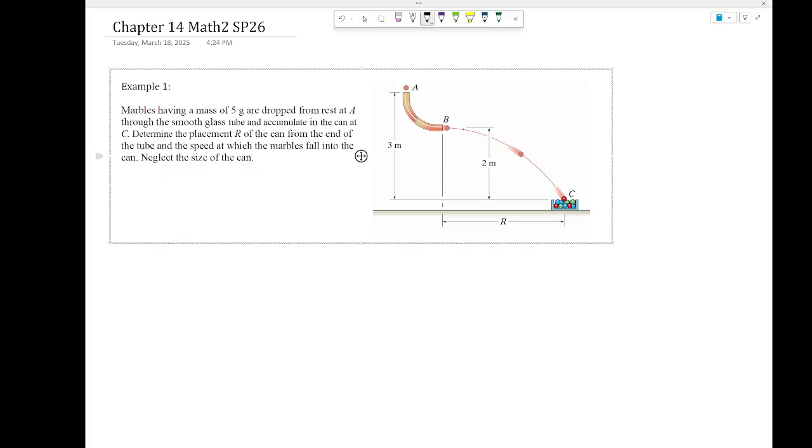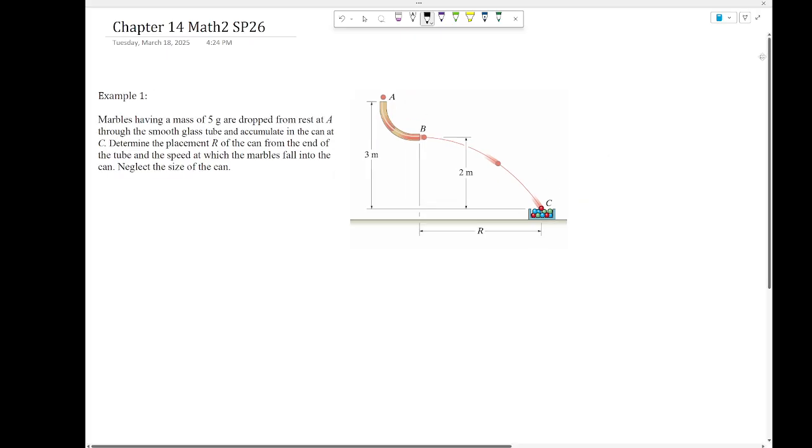Here we have this curve-shaped AB tube where a marble flows from A to B, and once it passes through B, it is in the air, in free fall as a projectile, and finally falls into location C.